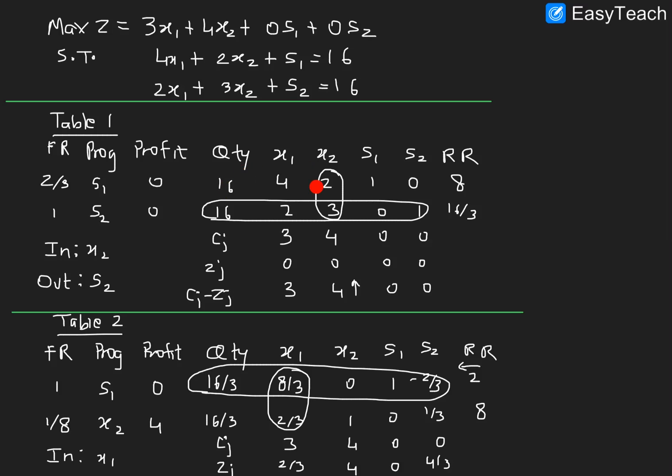So 16 by 2, that's 8, and then 16 by 3. Out of these two we knew that we are going to select the lowest positive, and we selected this, that is we are going to produce 16 by 3 units of s2. And then we calculated the fixed ratio, and then we did the in and out.